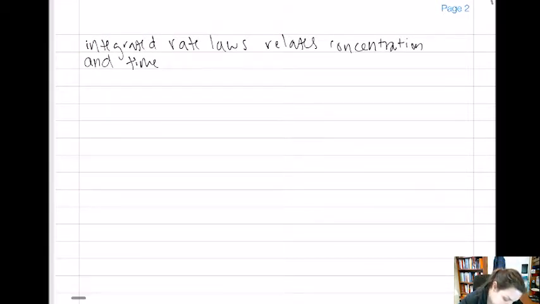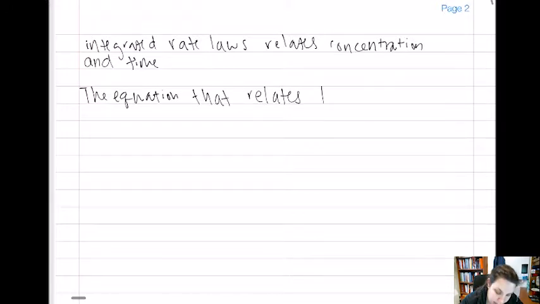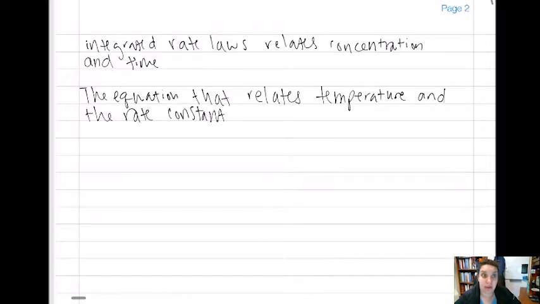So the equation that relates temperature and the rate constant. Remember, I said that as we increase temperature, we're going to increase our rate constant, and I told you we would eventually look at what relates that, and that is called the Arrhenius equation.